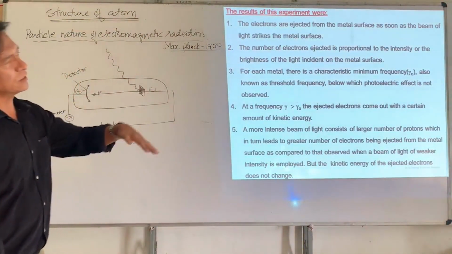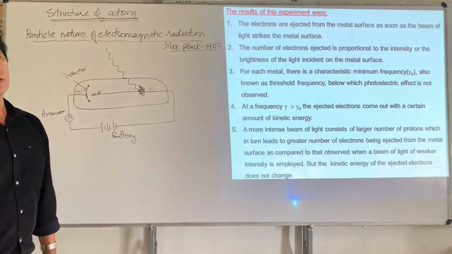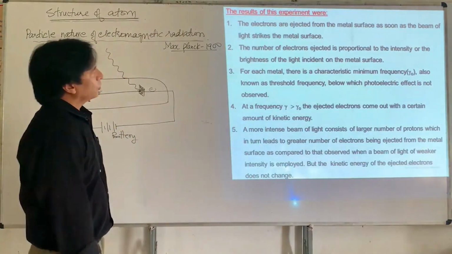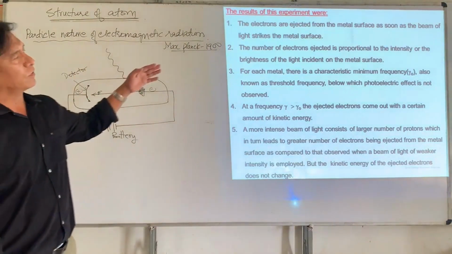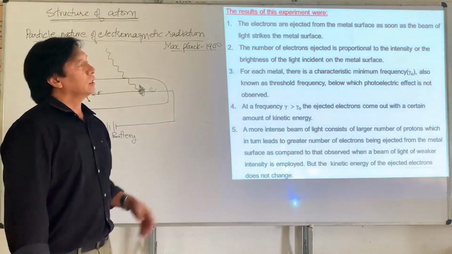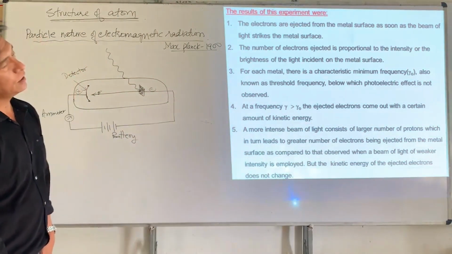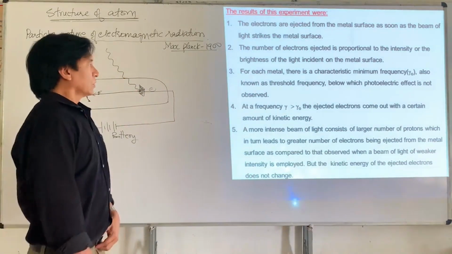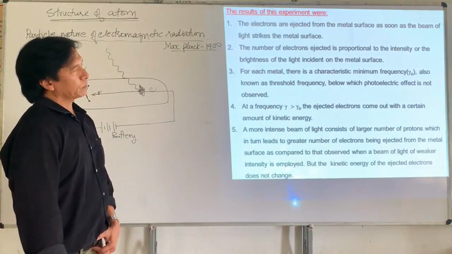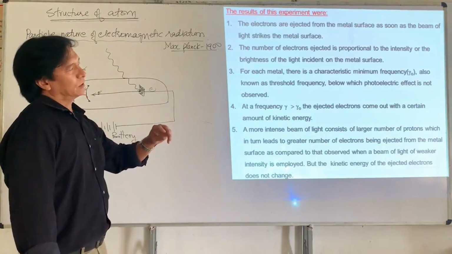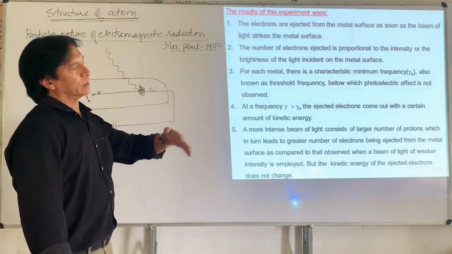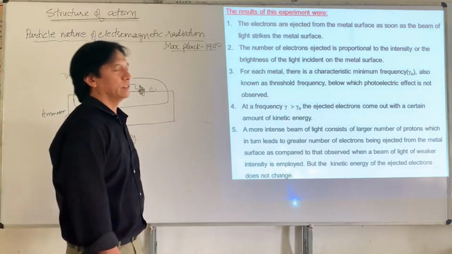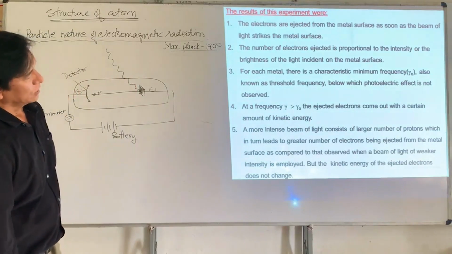The second point to be understood here is that the number of electrons ejected is proportional to the intensity or the brightness of the light incident on the metal surface. So when you have a very bright light incident on the metal surface, there will be a greater number of electrons ejected from the metal surface.